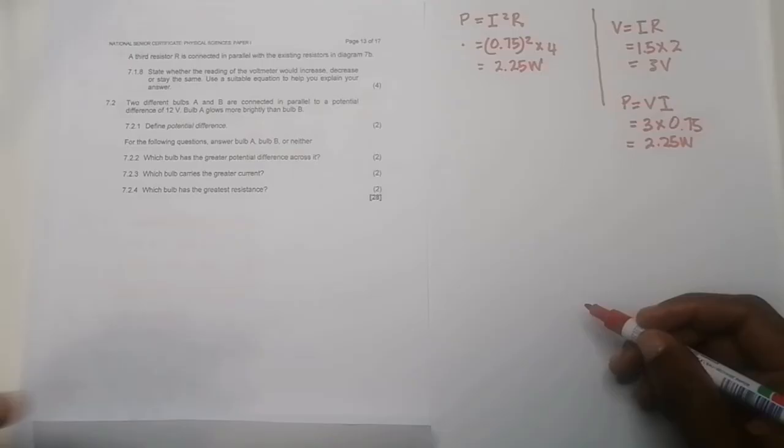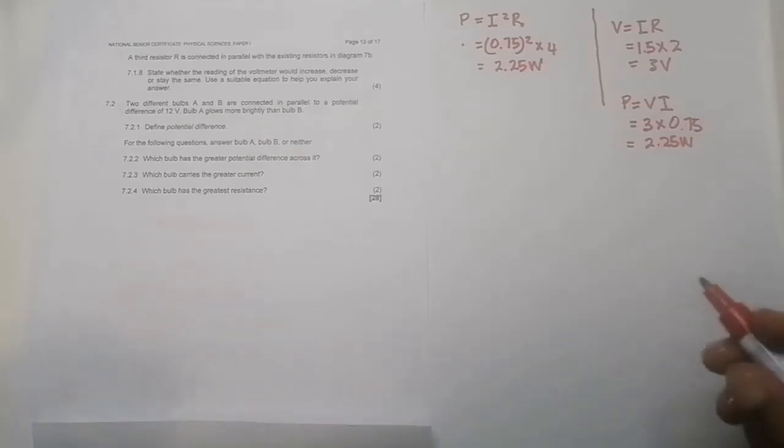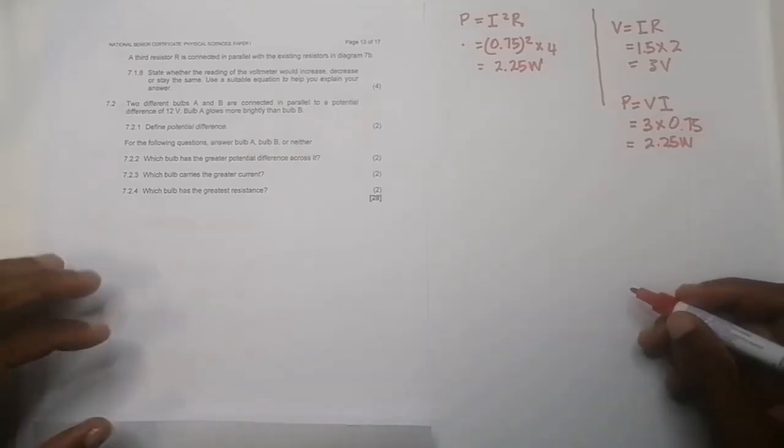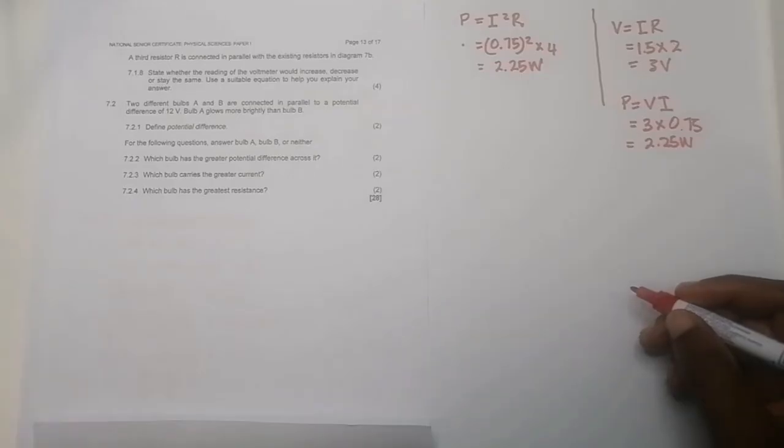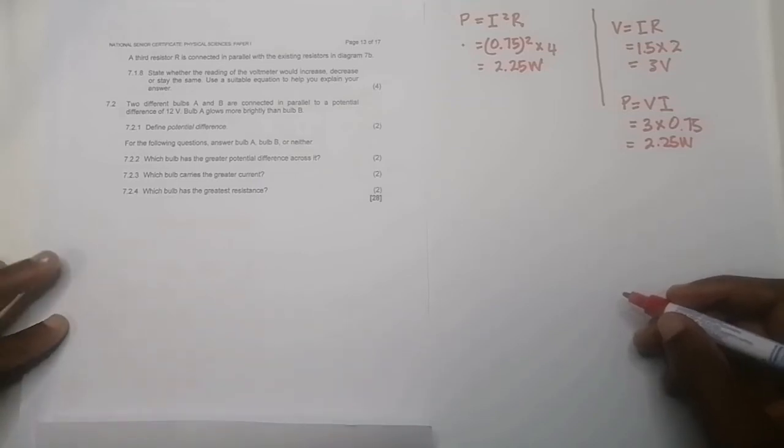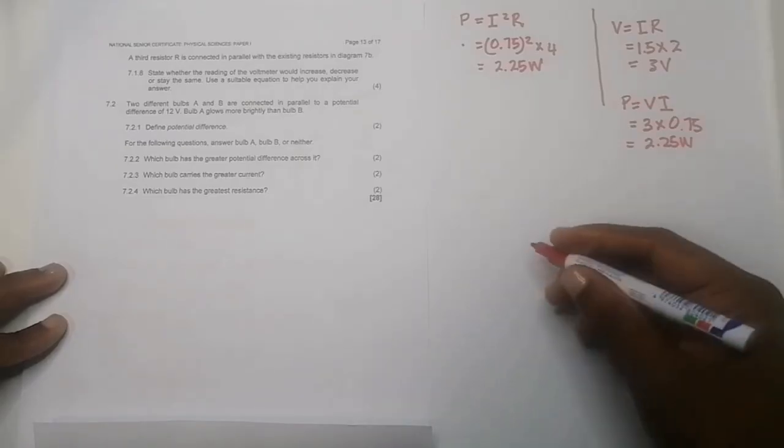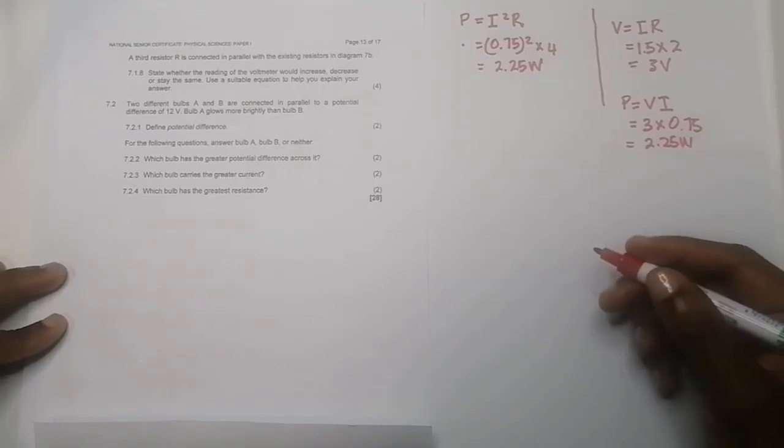So first of all, I want you to listen carefully in this explanation. Anytime that you make a change in the resistance, or anytime that you make a change in the circuit, the first thing that you're always going to do is check how the change that I'm making is going to affect the effective resistance.